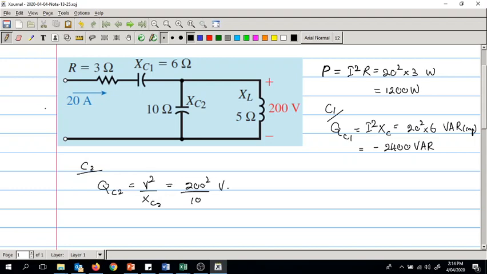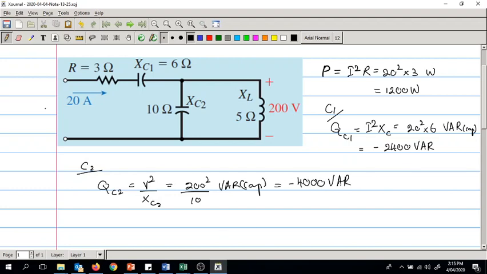This is VAR, again capacitive reactive power. 200 squared divided by 10 is 4000, so minus 4000 VAR.